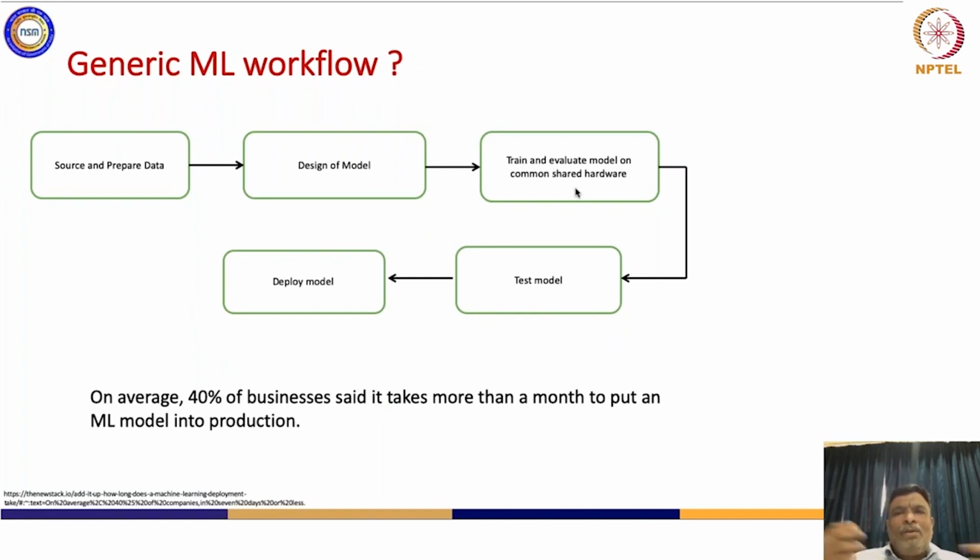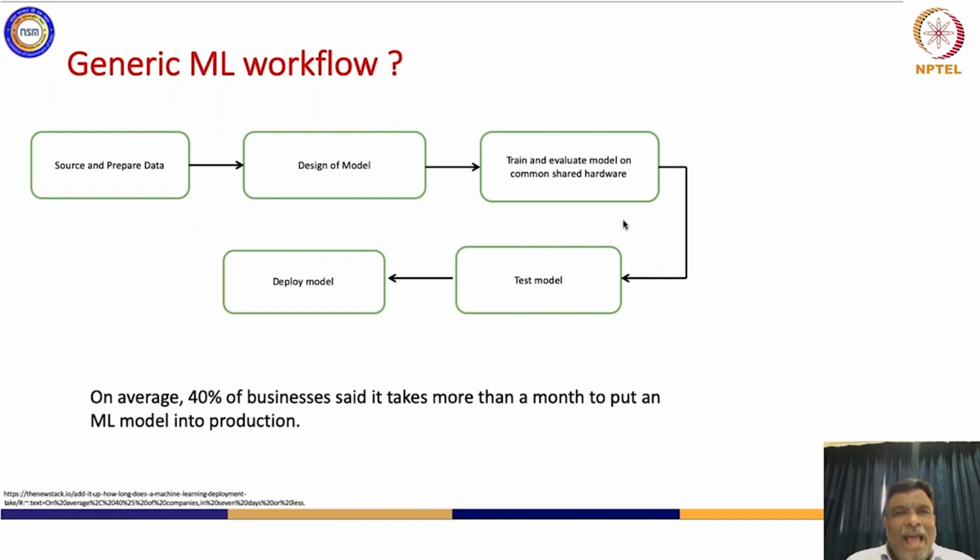Once you are able to do this training and evaluation of the model on common hardware, you need to test that model, right? And then you need to deploy that model. So this is a generic machine learning workflow. On average, 40% of businesses said it takes more than a month to put an ML model into production, right?